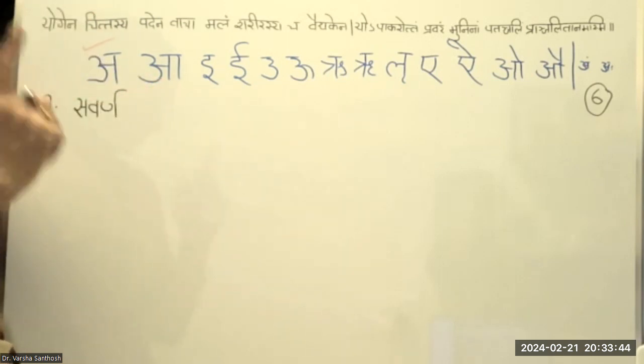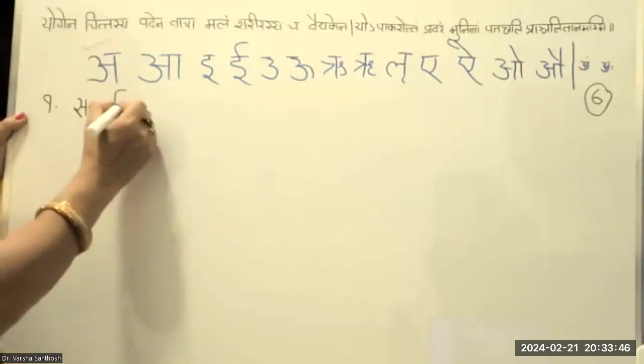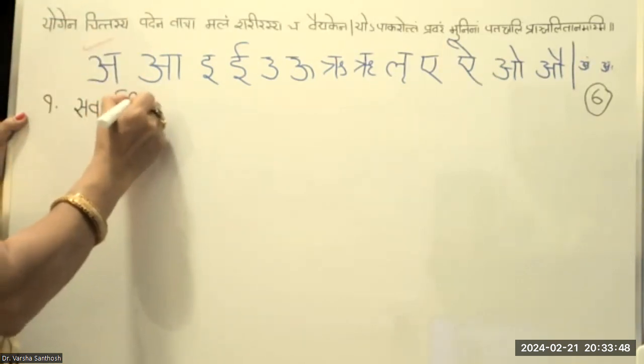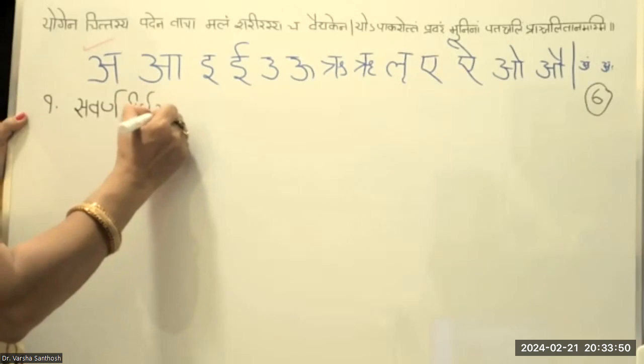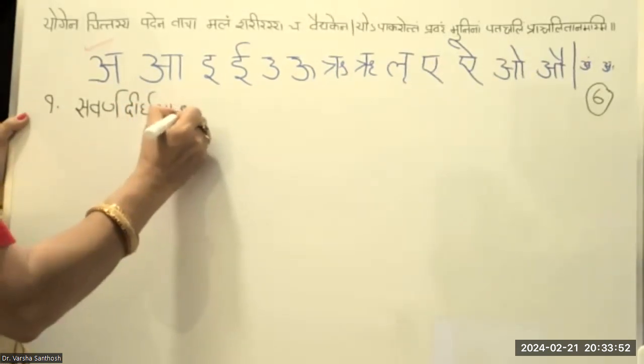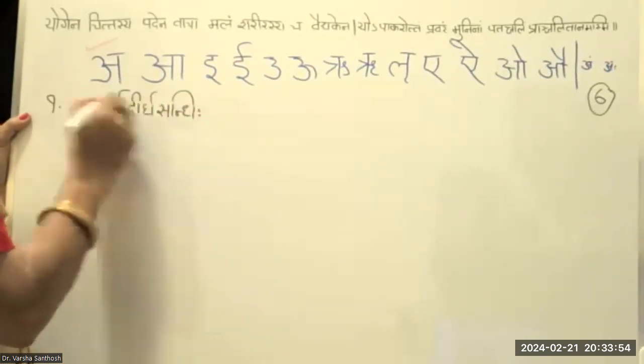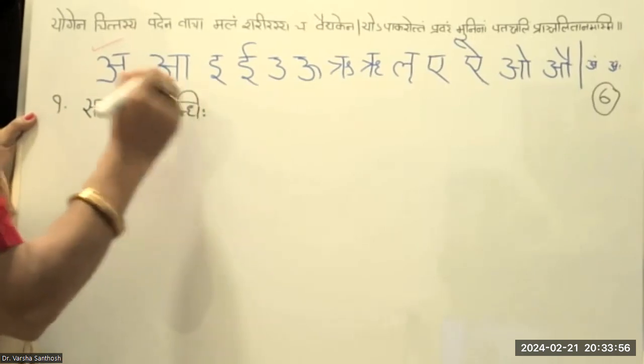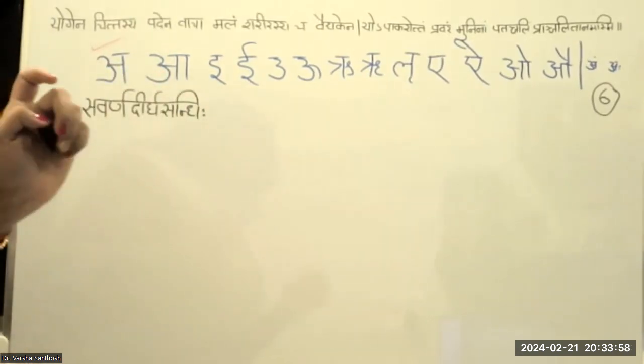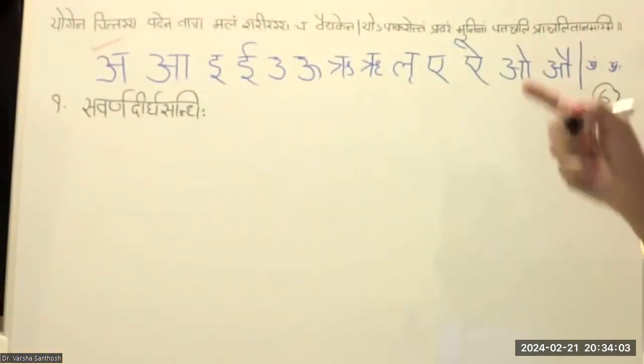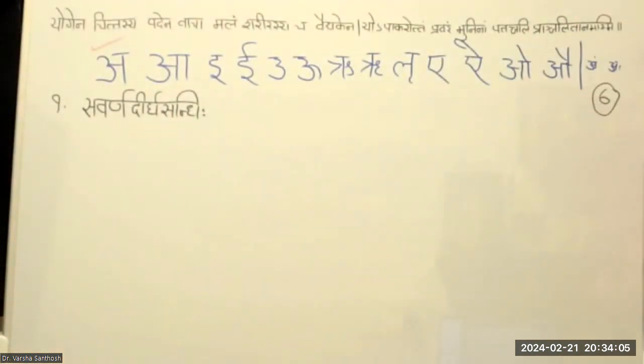So the first sandhi name is Savarnadeergha sandhi. Okay. So now we are going to see this aspect first, the simple aspect, that when the alphabet is of its own kind, then what happens? I'll give some examples.